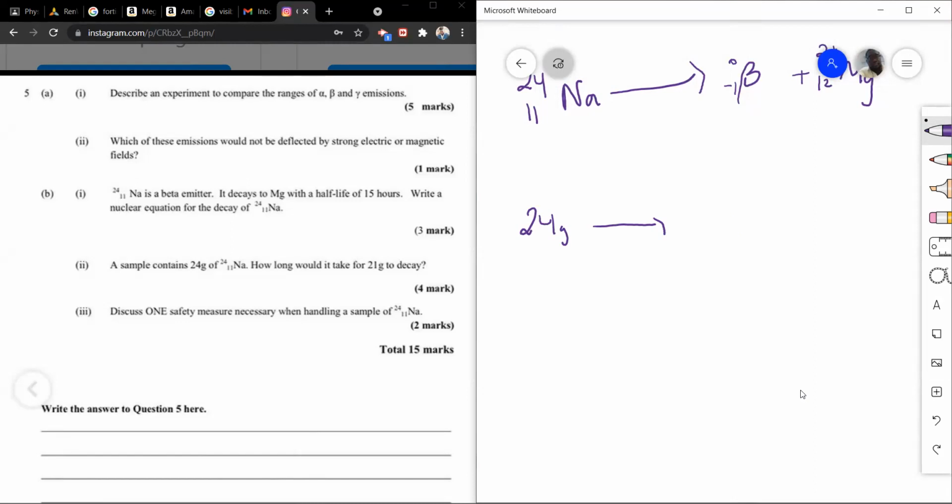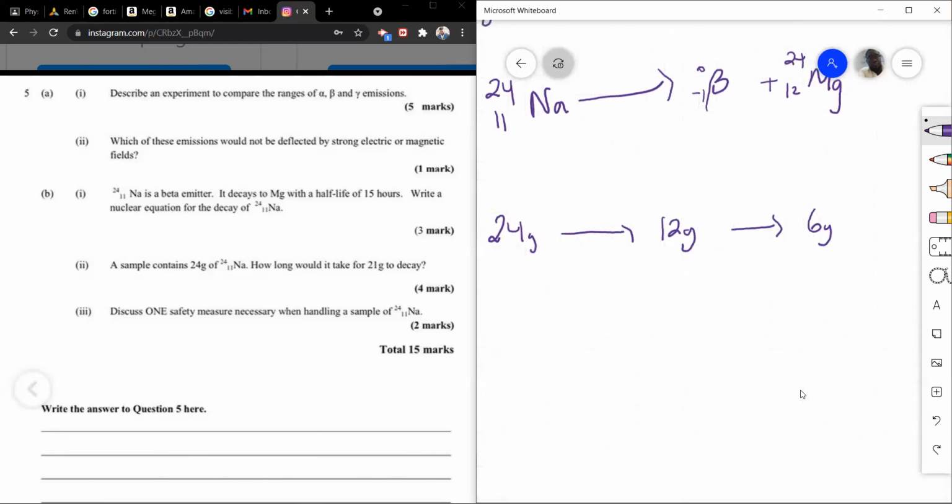So it's 24 grams to 12 grams, because remember, it's radioactive, and with half-life it must break down by a half. So 24 to 12 to 6 grams to 3 grams. That is where we're ending, 3 grams. All right, so let's drop our time for this. Each half-life is 15 hours.